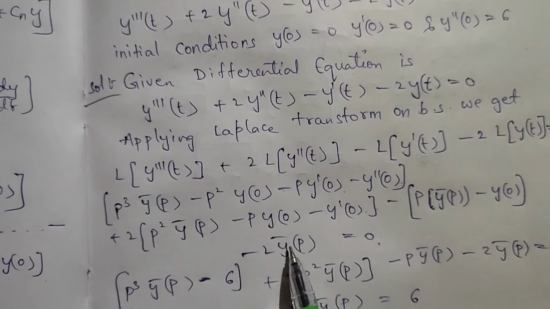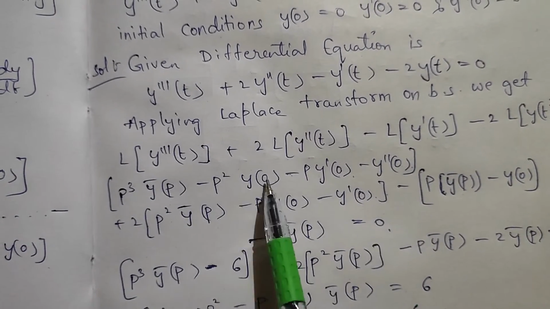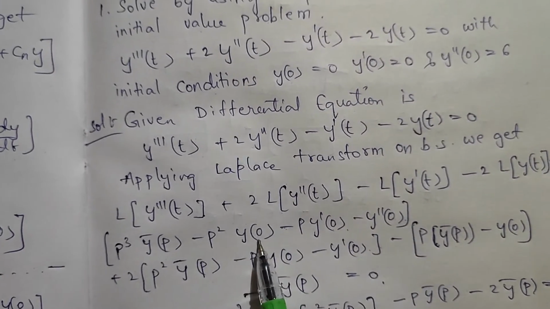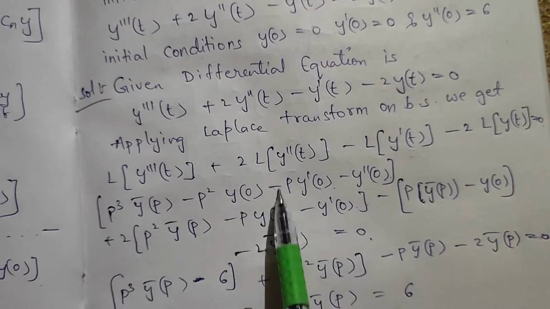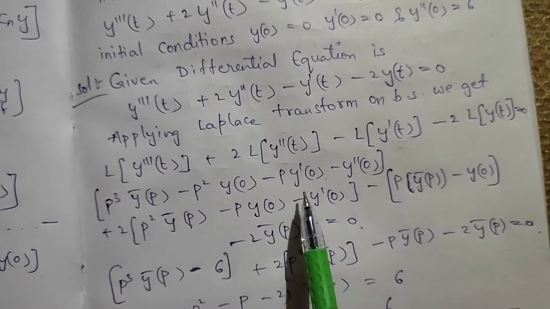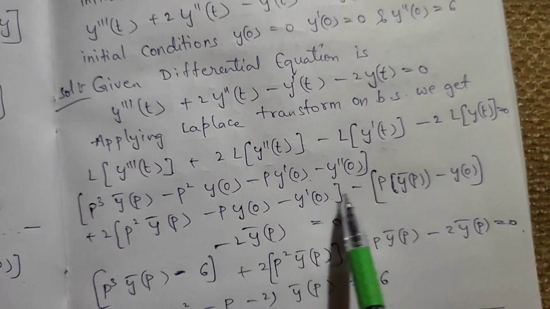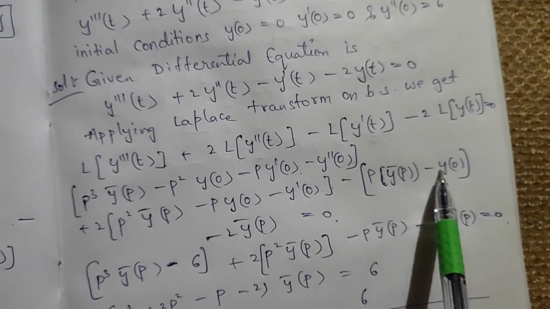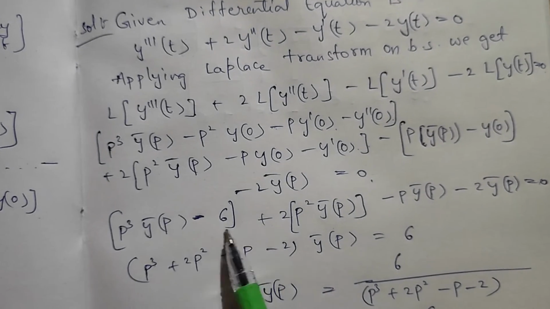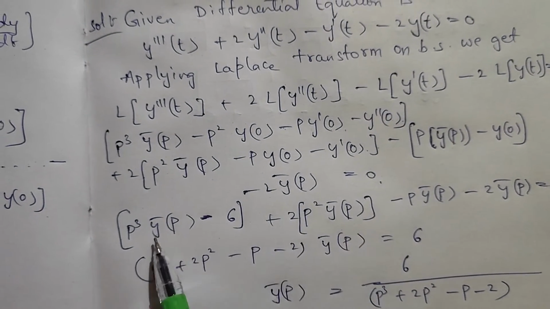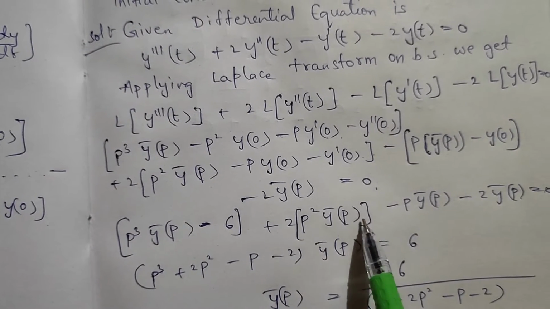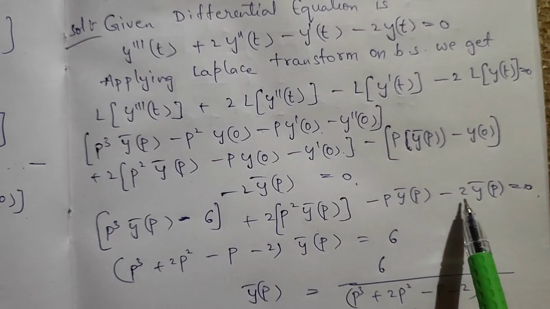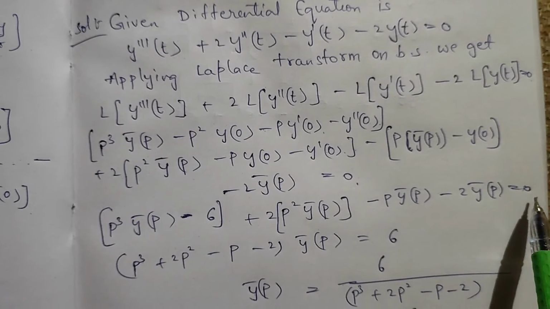So now if we substitute the values, since we know that y of 0 and y dash of 0 are equal to 0, so this will vanish, and this will vanish, this will vanish, this will vanish too. So we'll remain with p cube into y bar of p minus 6 plus 2 into p square into y bar of p minus p into y bar of p minus 2 into y bar of p, which is equals to 0.